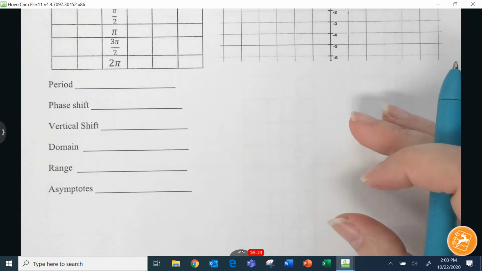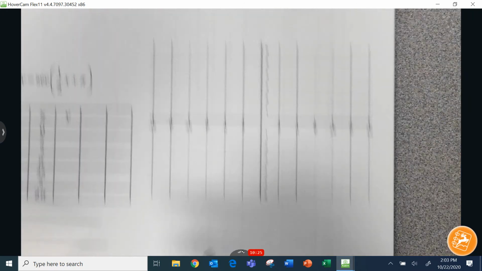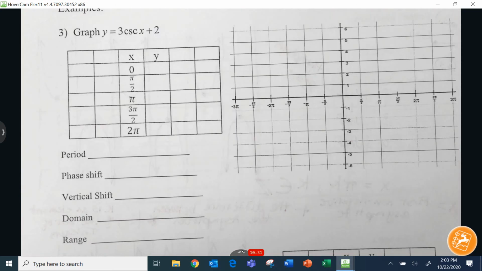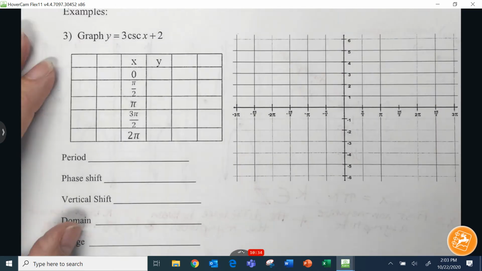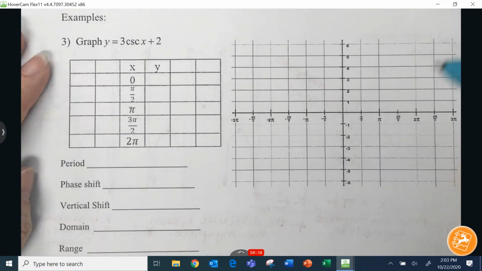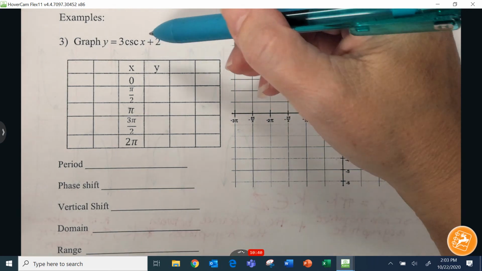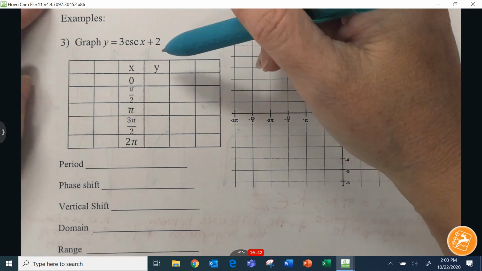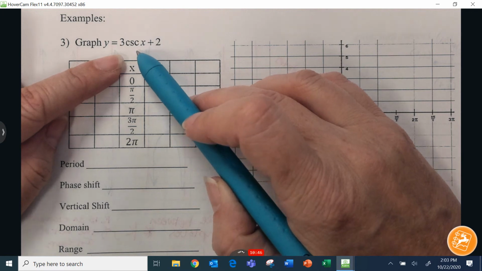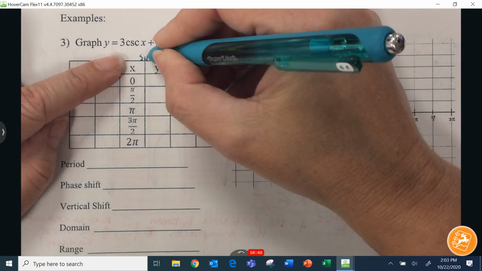Okay, so we'll do transformations. Oops, it's on the back. So this is how I do them. Some of you are like, don't need to do this, I know this, but I make silly mistakes if I don't write everything down. So when I see that this is cosecant, I have to think to myself, well, that's sine. So I usually write it down.